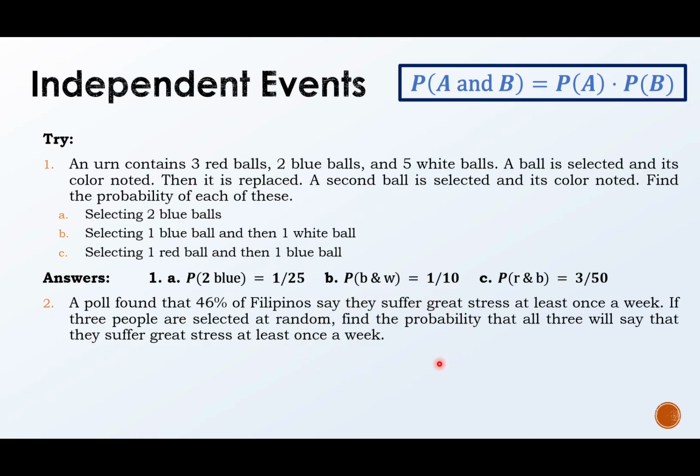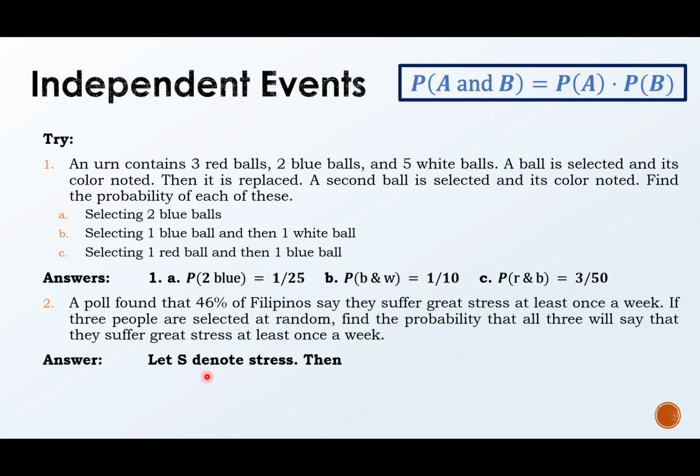So this is actually just the same as asking, find the probability that the first person is stressed and the second person is stressed and the third person is stressed. And for one person, the probability that they will say they are stressed is 46%. This is actually already the value of your probability. Remember, your probability can be a fraction, percent, or decimal. So this is already the probability that a Filipino would say they are stressed at least once a week.